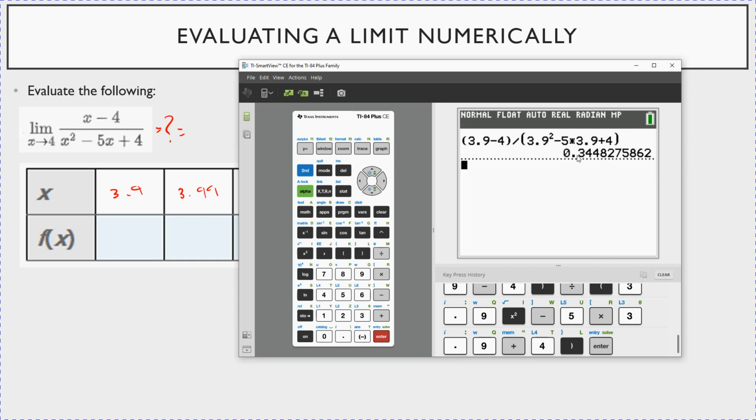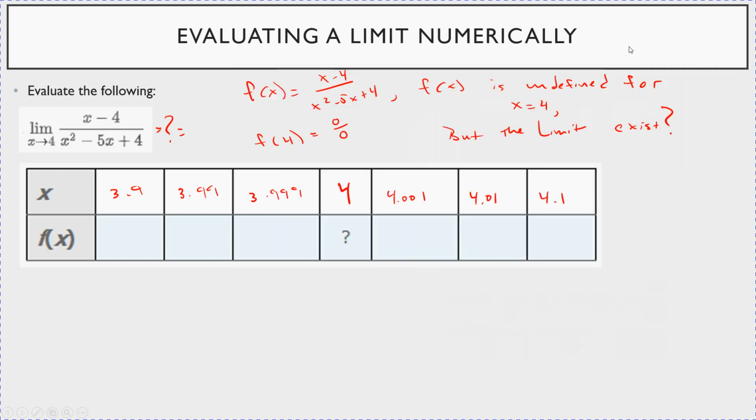So look what you got, 0.3448. I worked these out ahead of time, so if you were to plug all the rest of these values in, this is what you would get. If you were to plug 3.99 in, you get 0.3344. Then you would get 0.3334.